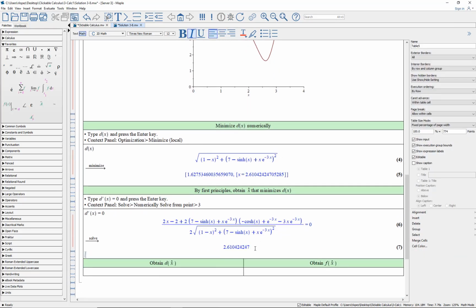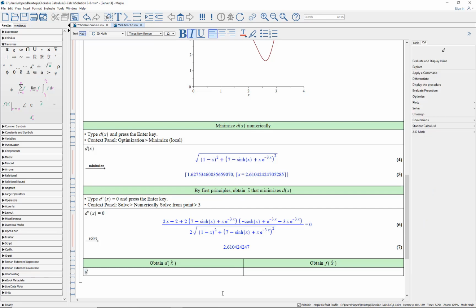There is the x value. It agrees with what we got numerically. And what might you want to know now? You might want to know the value of that distance. So d of, well, use the equation label to reference the x. That is the shortest distance.